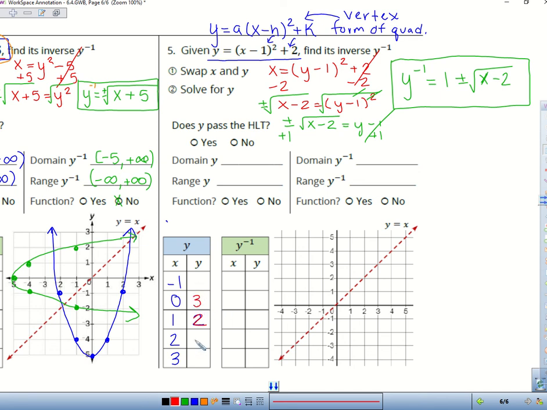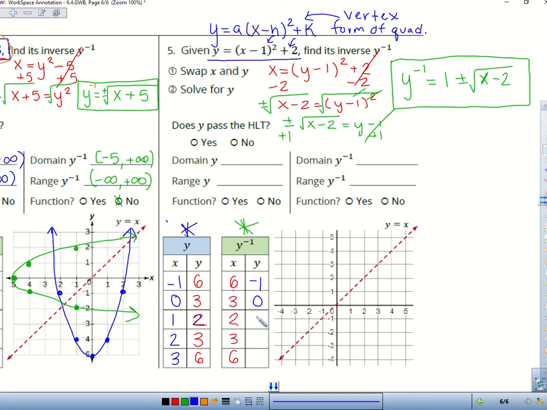If I plug in 2, I end up with 3. If I plug in 3, that's going to be 6. And if I plug in -1, I get 6 as well. Do I have to do any math to get the inverse table? No. It's probably your favorite part of this, right? You just look at that. Easy.